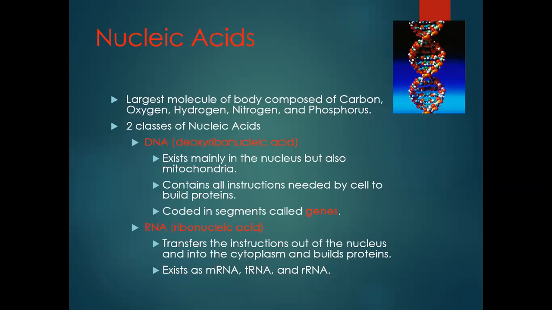We've got messenger RNA, which takes the message out of the nucleus. We've got our tRNA, which is transcribed. He's copying down notes. And we have our ribosomal RNA where he's handed it to the factory worker, which is ribosomes. So that's our DNA and RNA. Deoxyribonucleic acid and ribonucleic acid.